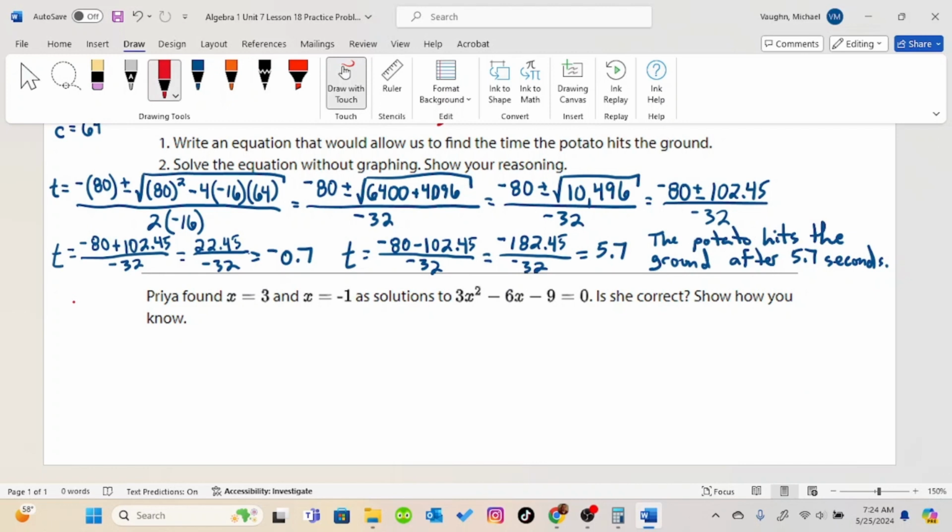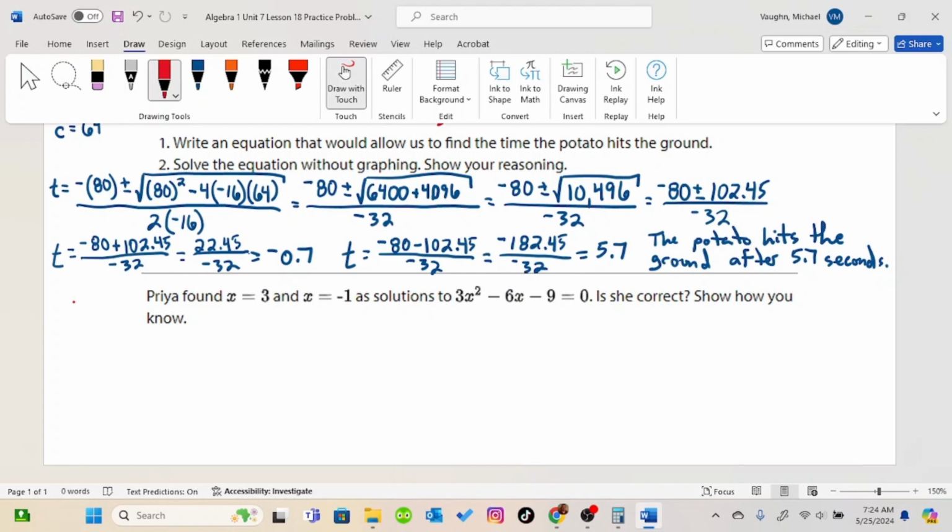Priya found x equals 3 and x equals negative 1 as solutions to 3x squared minus 6x minus 9 equals 0. Is she correct? Show how you know.